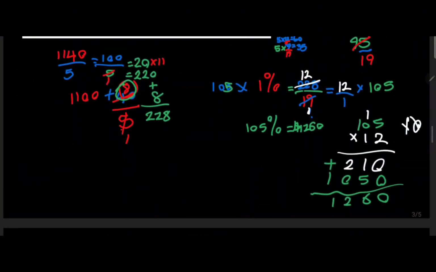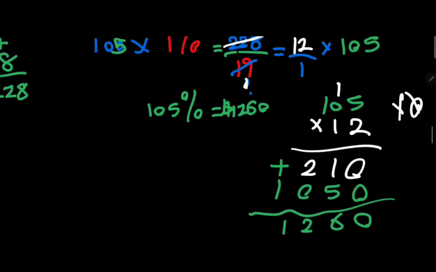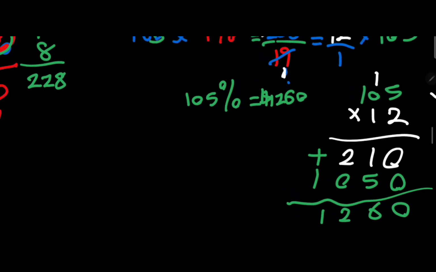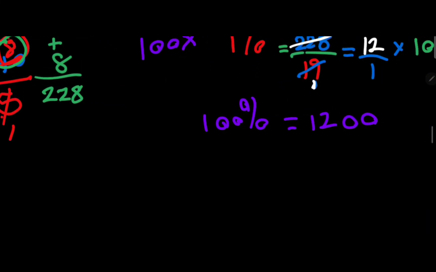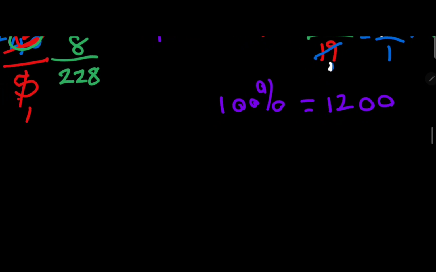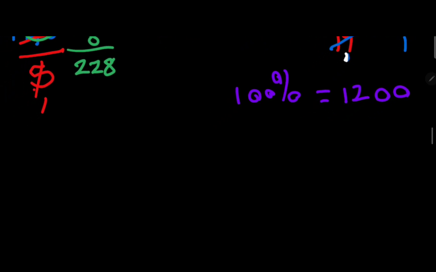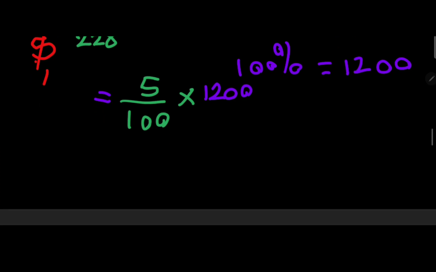Right? So that is one way in which you could have approached this question. Our next way would have been to equate 100% to the $1,200, and then we take 5% from 1,200, and we go ahead and break it down.